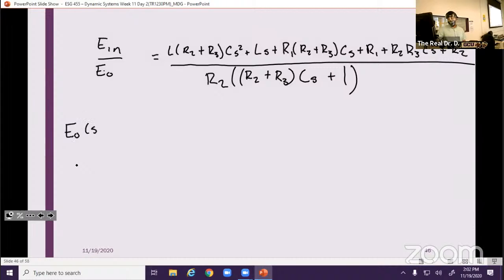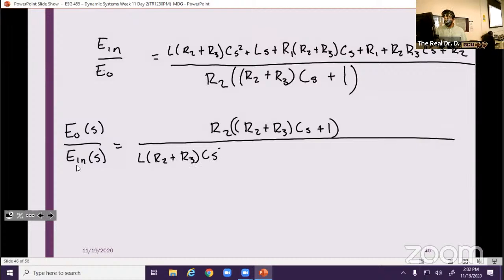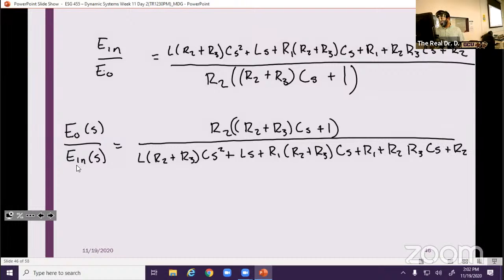So E out of S over E in of S is equal to... and now we got it.